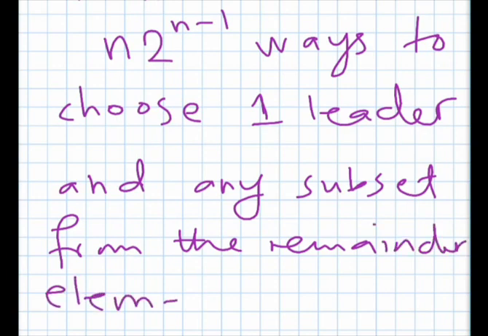Now note that any subset can be an empty set as well. So the worst case is that we have only one leader and no committee at all. When I say committee, it's like a subset of humans.